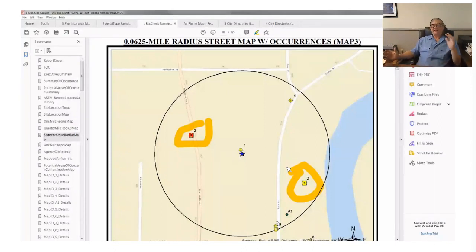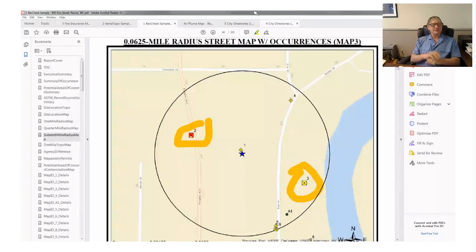Why is plating a concern, guys? Anyone can tell me? So we got 4 facts that are leading to the potential for vapor intrusion.